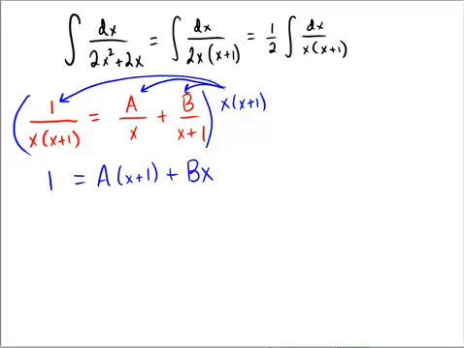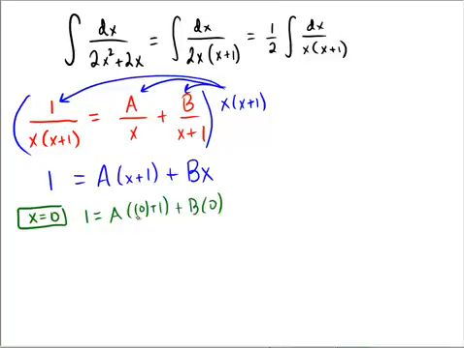So we have a times x plus 1 plus b times x. Now in order to figure out the constants a and b that we need, let's do a little strategic simplification here. We're going to substitute x equals 0 into our equation. So if we replace x with 0 everywhere we see it, we can see that 1 equals a times 0 plus 1 plus b times 0.